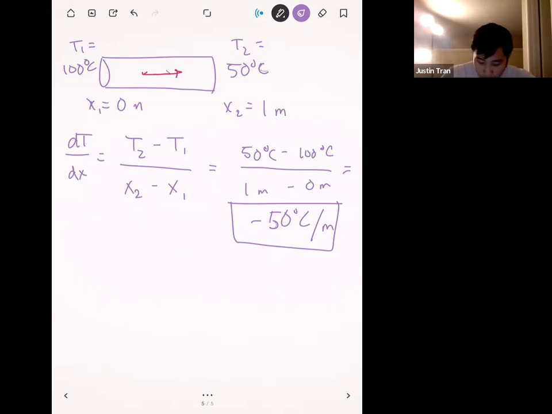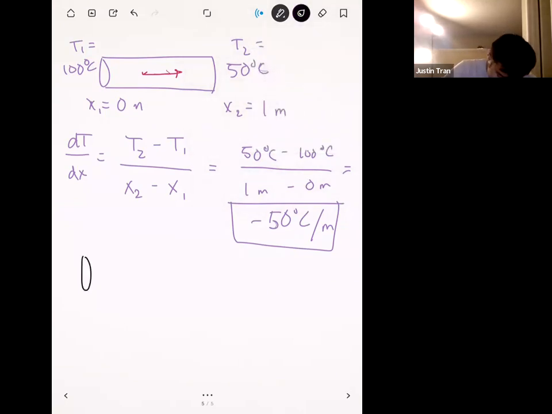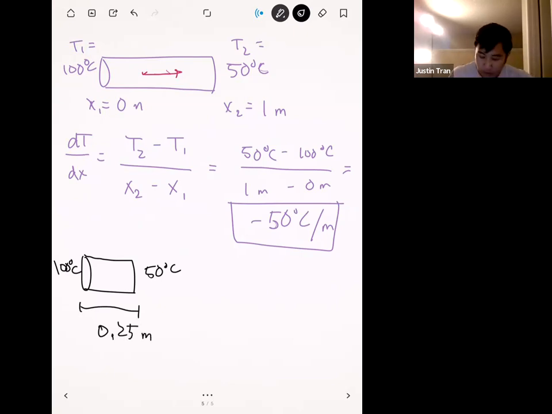All right. And so going off that same example, let's say that we have a similar situation where we have a smaller pipe here, where this distance right here is maybe only 0.25 meters. Because the distance that the heat is traveling here is shorter, the amount of heat transfer here has to be greater.